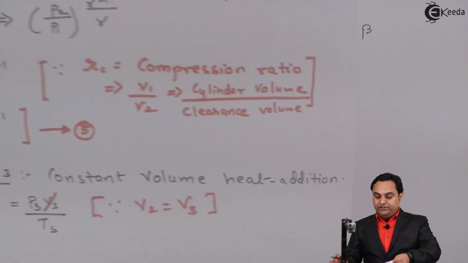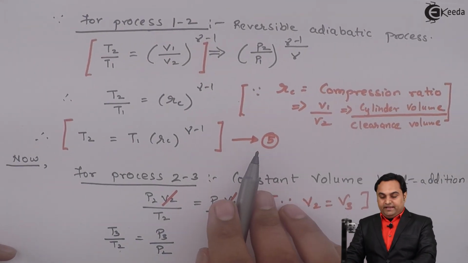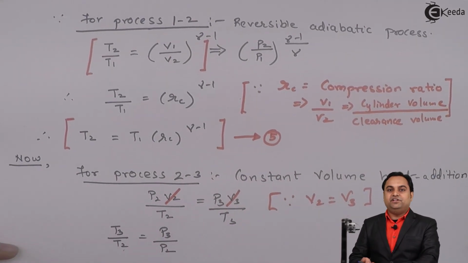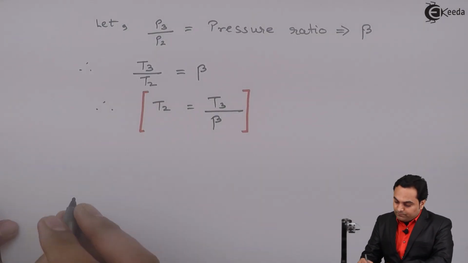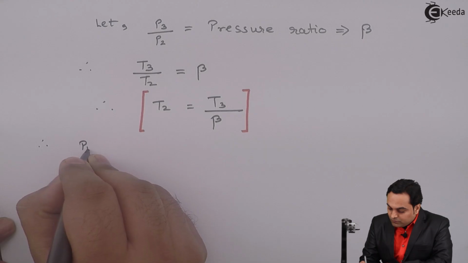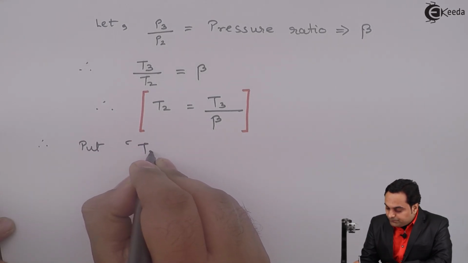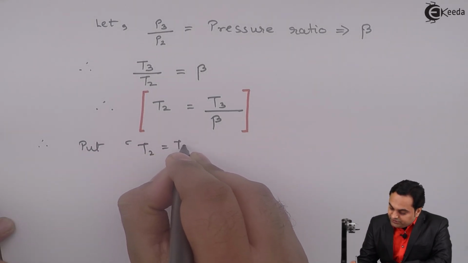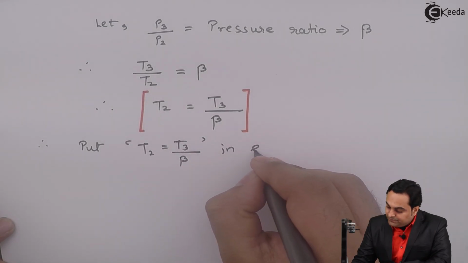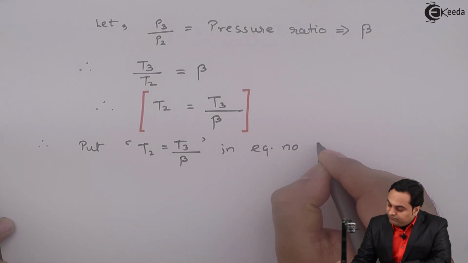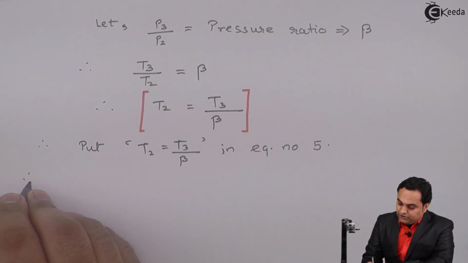I'll put the value of T2 in equation number 5 and get T1 in the form of T3. So put T2 equal to T3 upon beta in equation number 5.